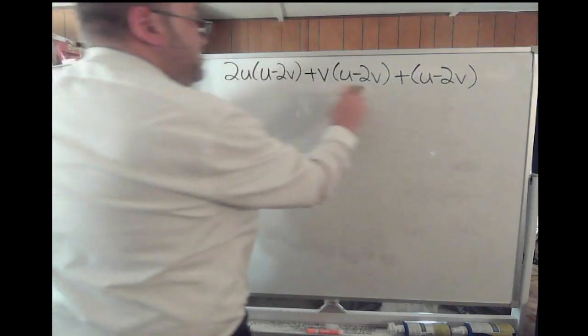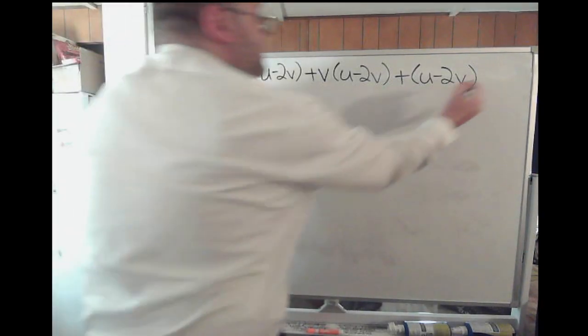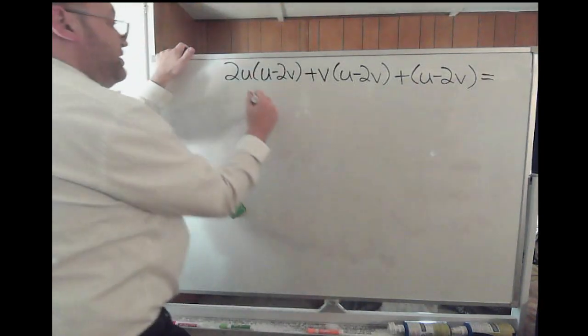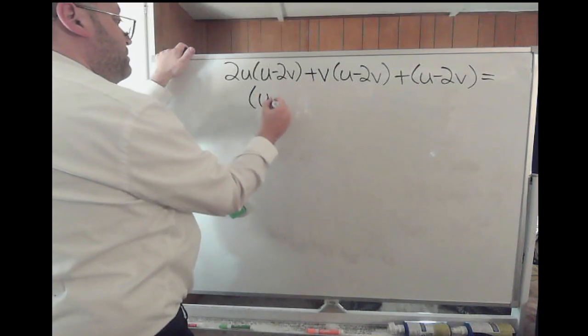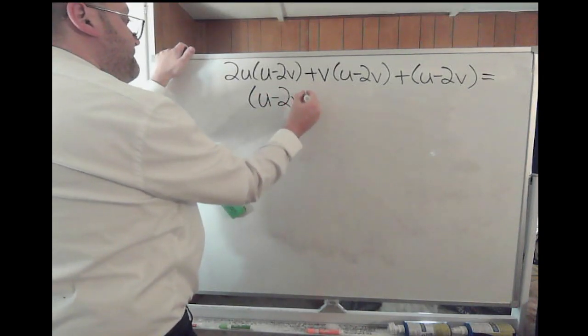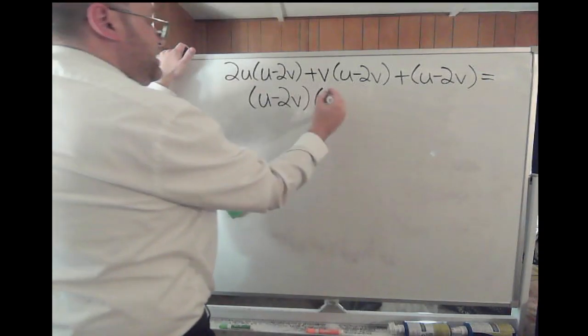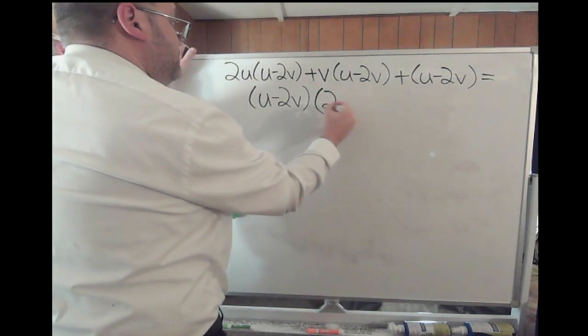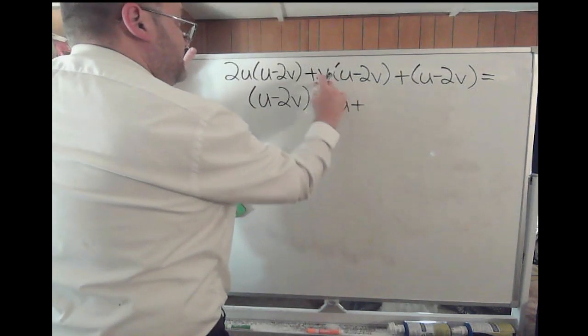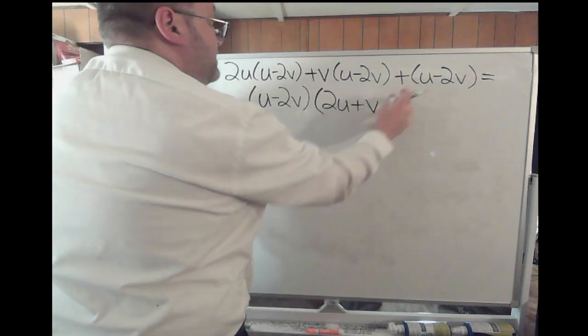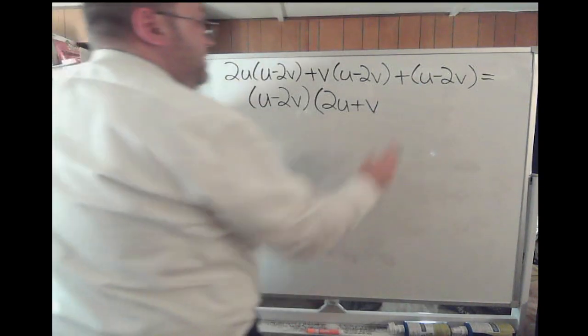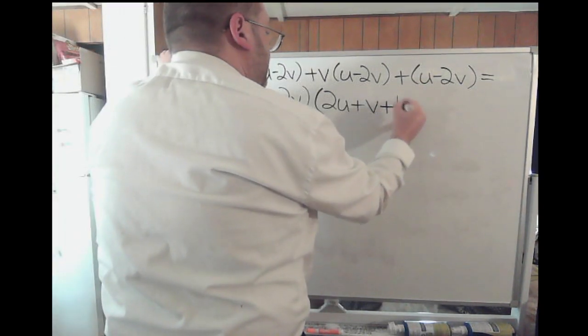What do these three terms have in common? Let's start there. They all have a u minus 2v, right? So that just leaves you with the quantity, you're just going to have 2u left plus v, and then u minus 2v, that just leaves you a factor of 1.